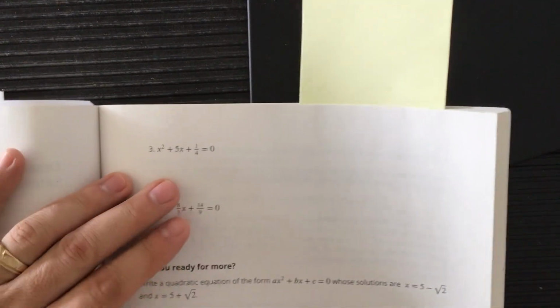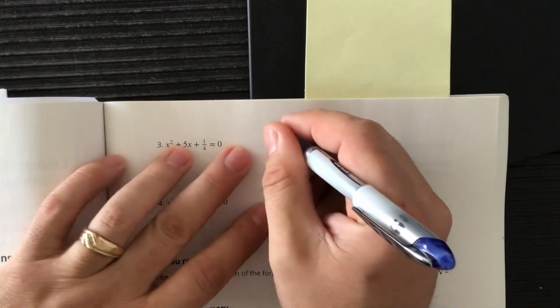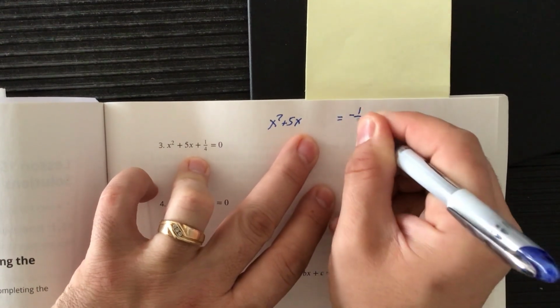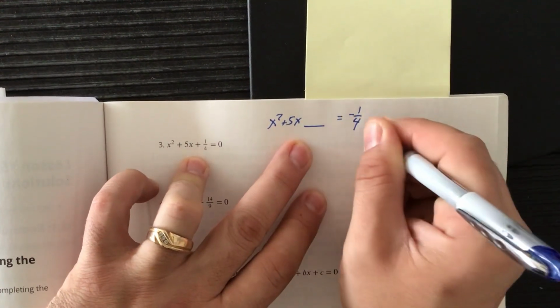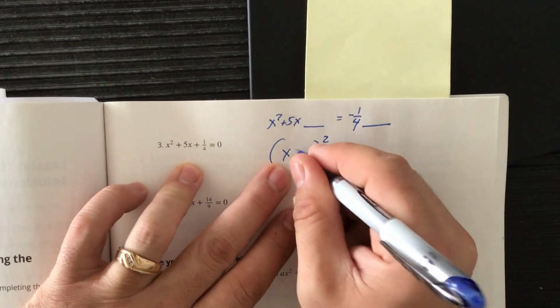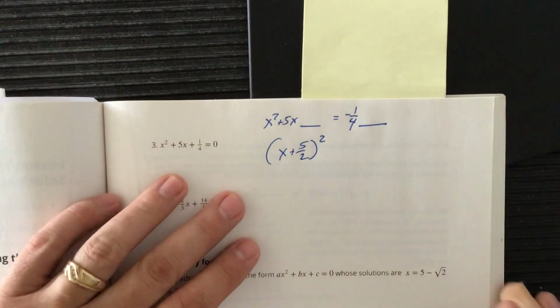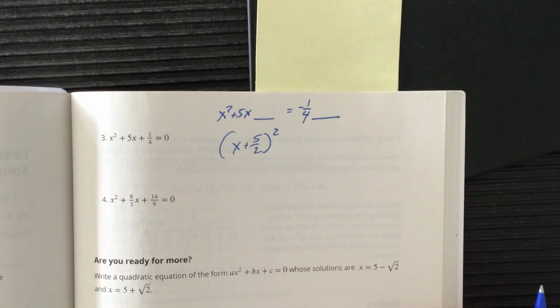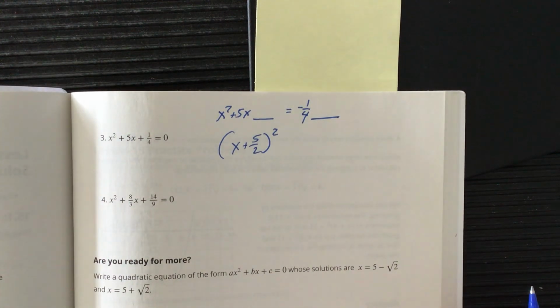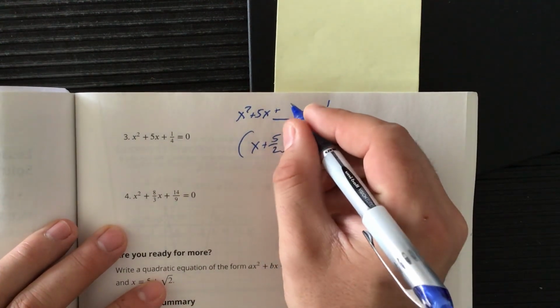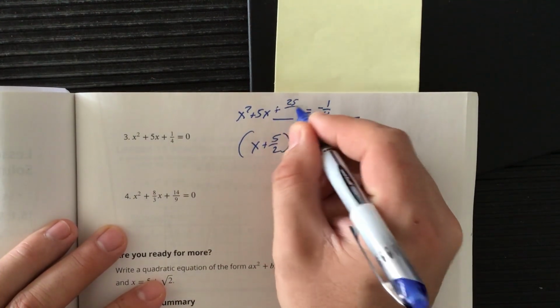Question 3. Move the 1/4 over. Five divided by 2? I'm just going to leave it as 5 over 2 squared. So 5 over 2 times 5 over 2. 5 times 5, 2 times 2.